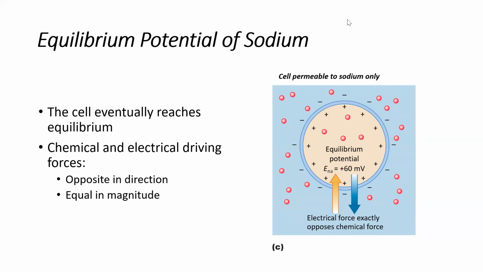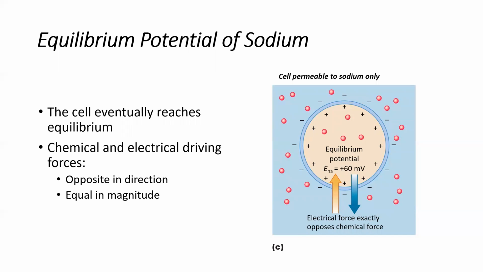Now the cell again eventually reaches equilibrium, and equilibrium, just to remind ourselves of the terminology, is where we no longer see movement. So all the movement evens out, and then we think about what is the membrane potential at this time. So for sodium, when sodium gets to its equilibrium, the cell is actually at a positive membrane potential, and that value, sodium's equilibrium potential, is positive 60 millivolts, all right?